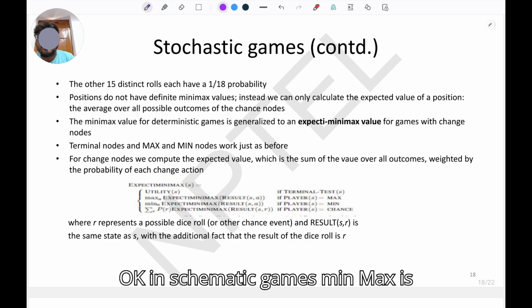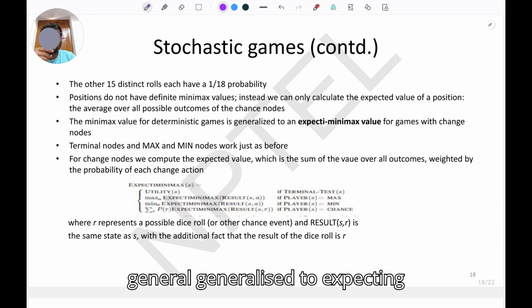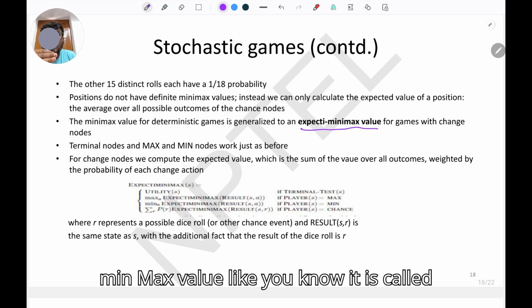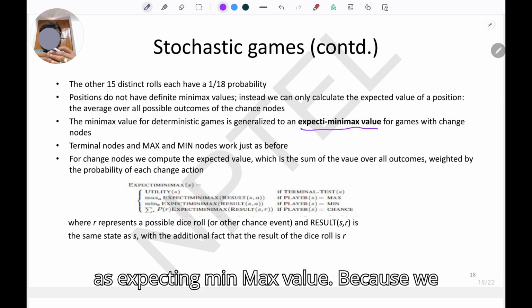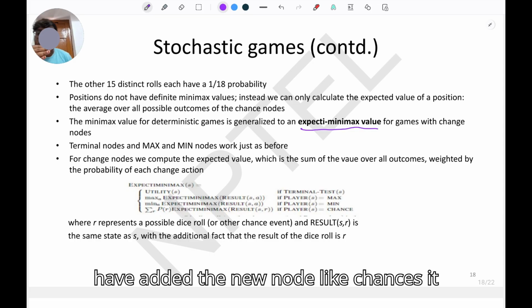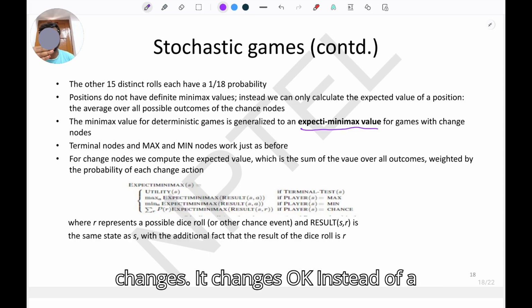In stochastic games, Minimax is generalized to the Expectiminimax value. It is called Expectiminimax because we have added the new chance nodes.